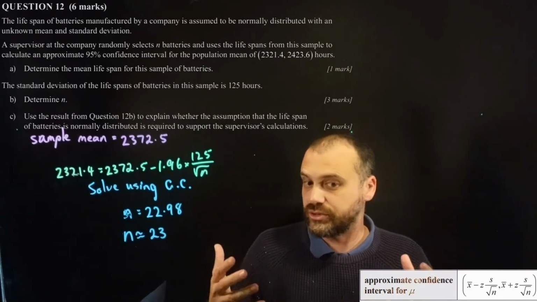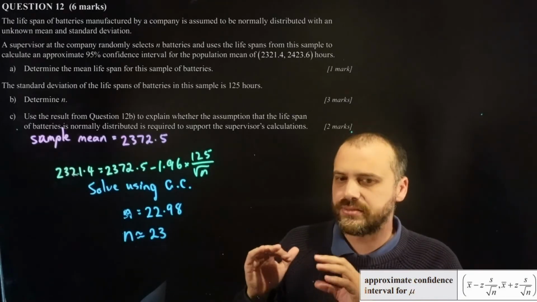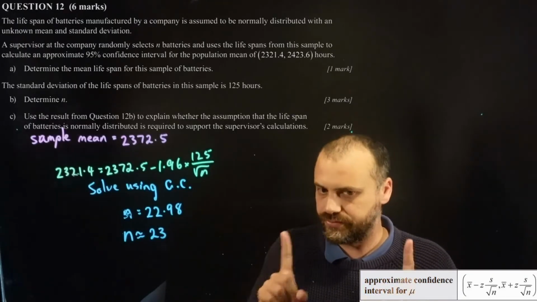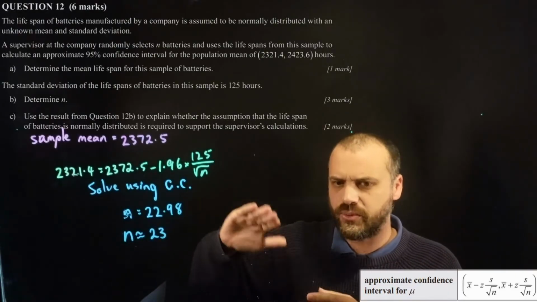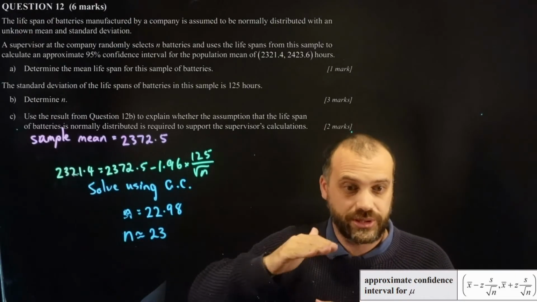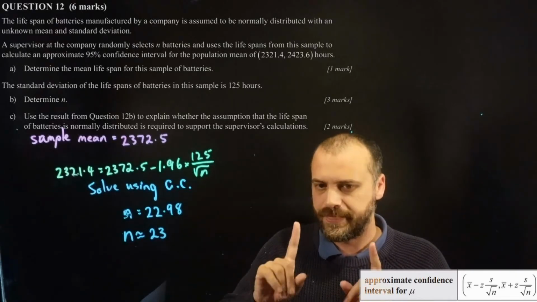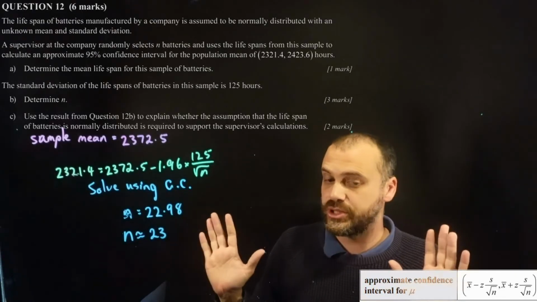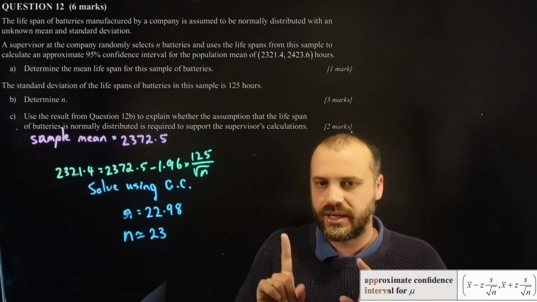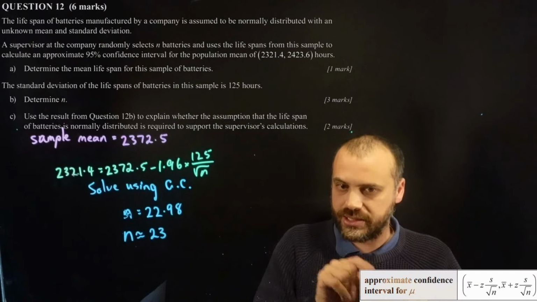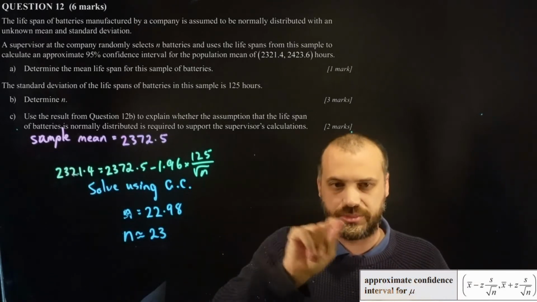The central limit theorem says that for large enough samples, that's important, for large enough samples, it doesn't matter whether the population is normally distributed or not. For large enough samples, the distribution of the population does not matter. The distribution of the sample means will always be normally distributed.